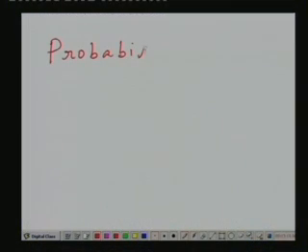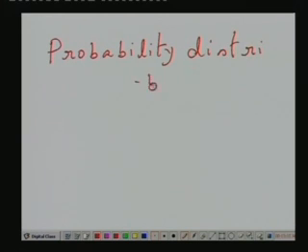Okay, so today we will be discussing probability distribution and probability density function, very important concepts. First we start with the probability distribution function.